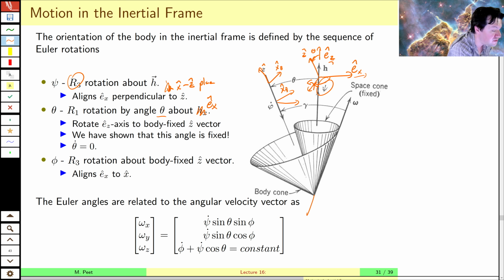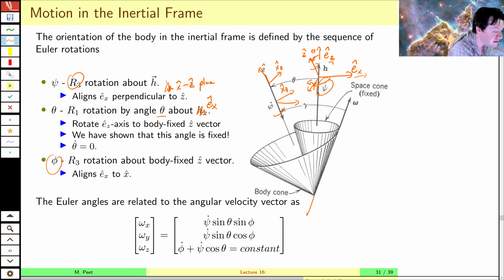And so now the only thing we've got to do is rotate our x coordinate back about the z hat until it lines up with x hat b. That's our third rotation, phi, about this z coordinate, which is lined up with the E hat z coordinate.